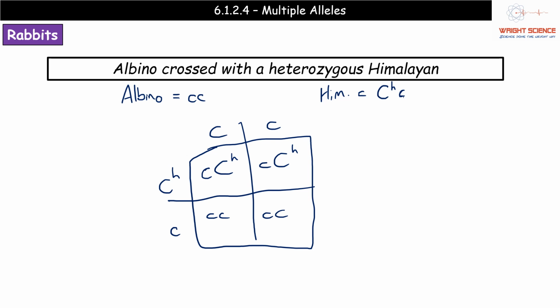If we've got both lowercase c's, these are going to be albino, and at the top we've got a lowercase c alongside the C^h with the Himalayan, and therefore they would be Himalayan. So what we can see here is that we've got a 2:2 ratio, so that is going to be the albino to the Himalayan.